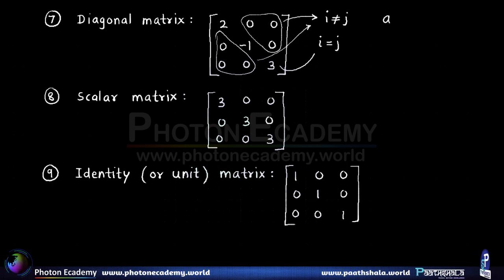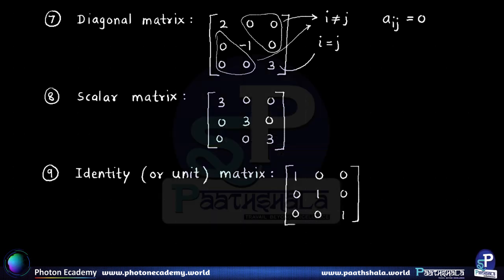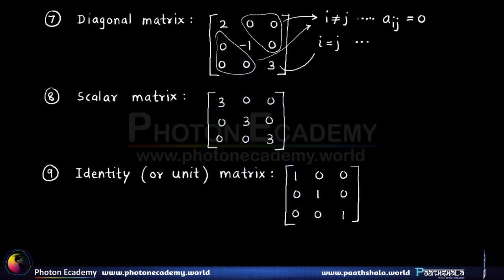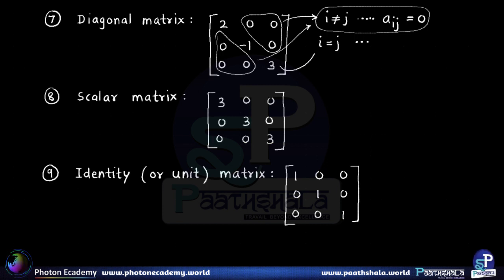So therefore we can say that Aij is equal to 0 when i is not equal to j, whereas if i is equal to j, then the elements may or may not be 0. So here we don't comment on whether zeros exist in the diagonal or not. The only minimum definition is that if i is not equal to j, then the element must be equal to 0. Right? So that's another symbolic way of defining a diagonal matrix.